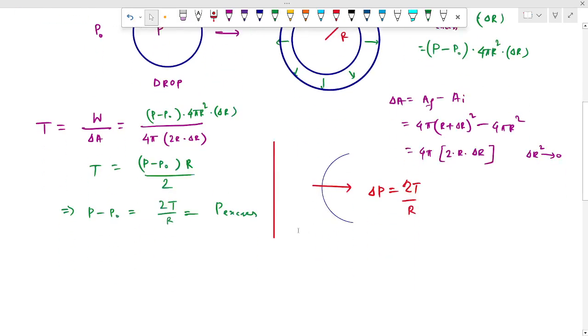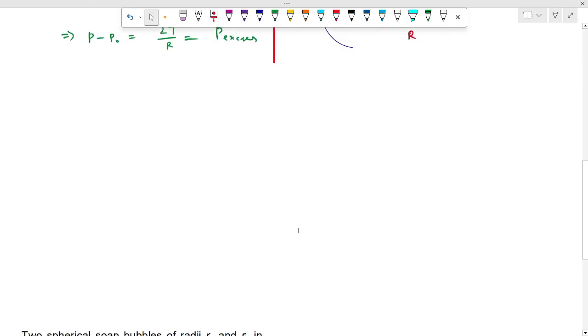Now we'll move on to the excess pressure of a bubble.